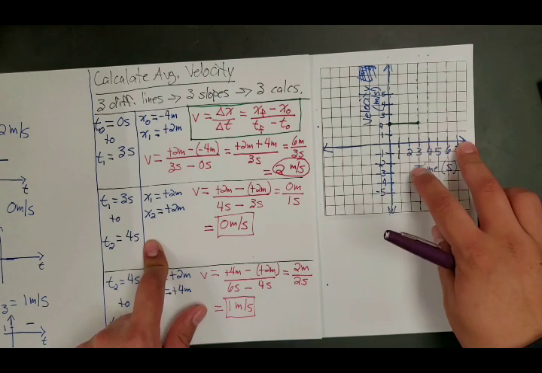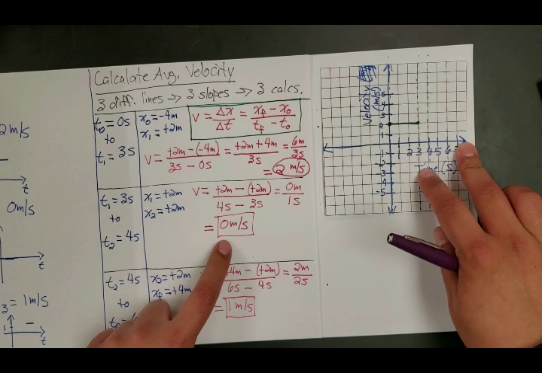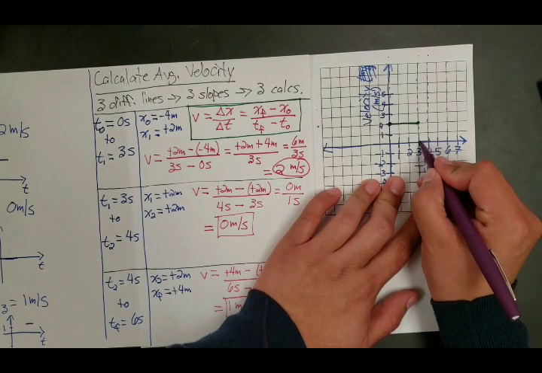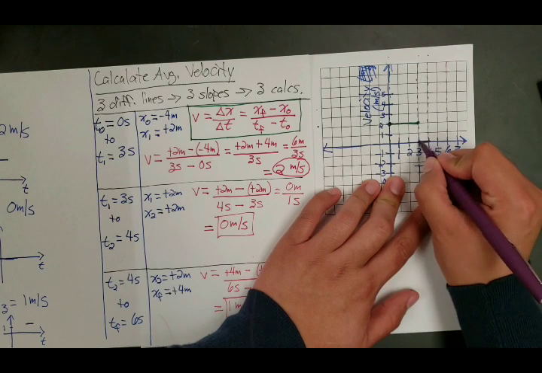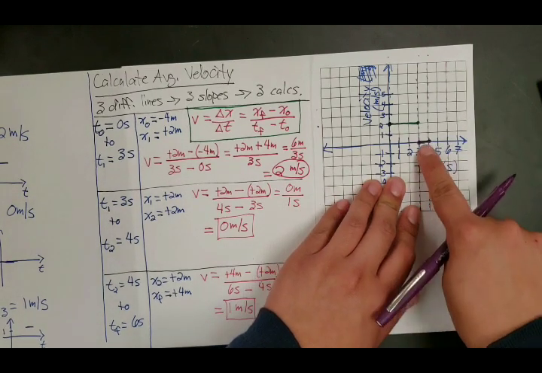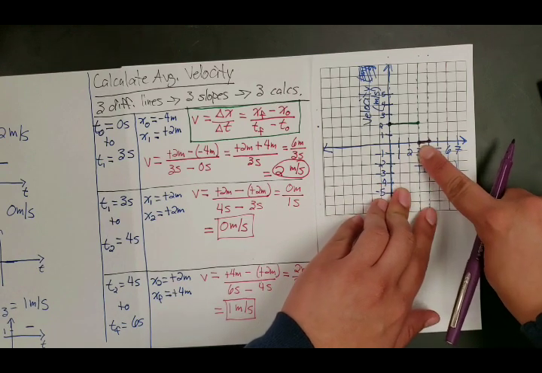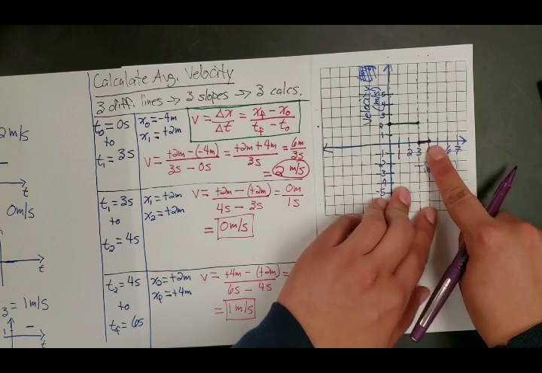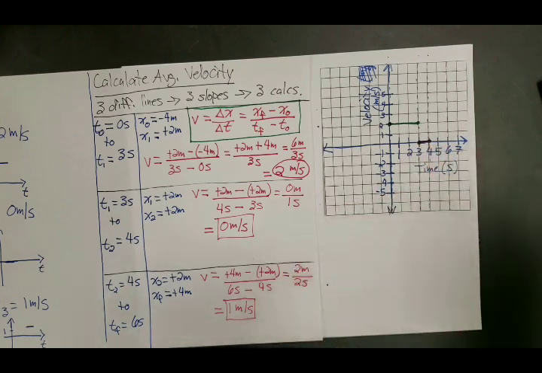So from here to here on our graph. And the velocity we calculated was 0 meters per second. So I'm just going to go ahead and draw a straight line right here. Again, we can add dots if we want. That's up to you. One at 3 seconds, 0 meters per second. And one at 4 seconds, 0 meters per second.